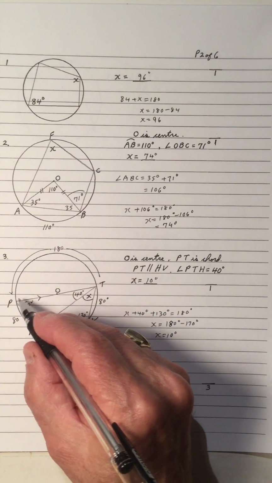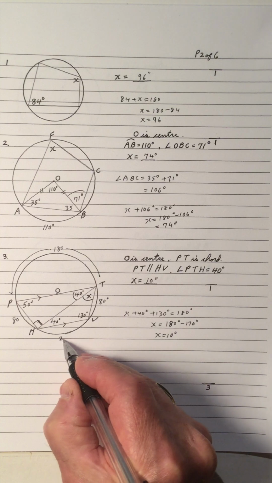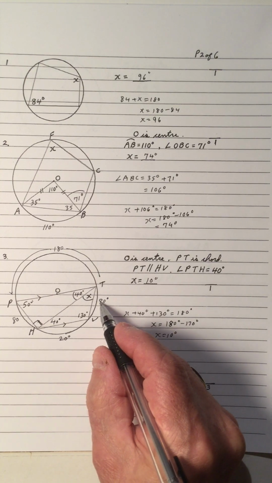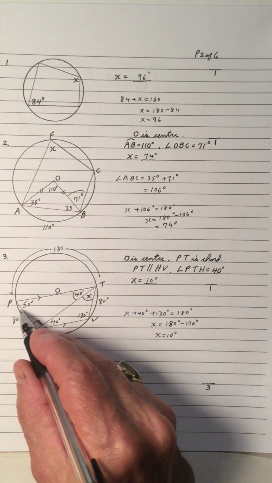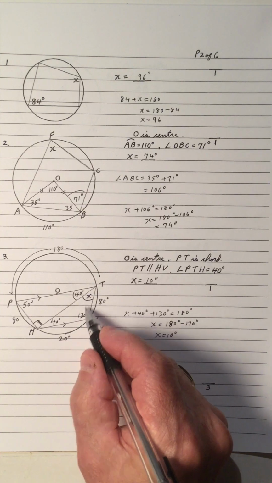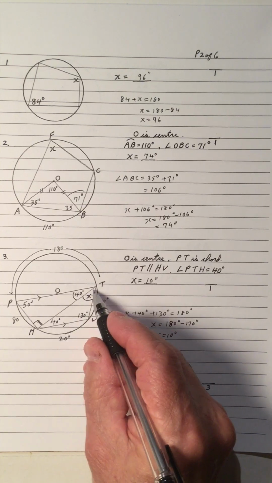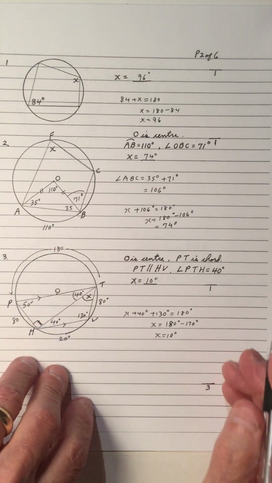So that's 160. That means this arc is 20. These two angles are equal, so these two arcs are equal. So that arc is 20, so x is 10, because it's half the arc. This inscribed angle is intercepting the arc HV. So that's another way to get it.